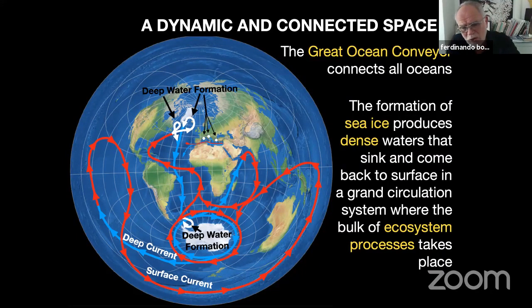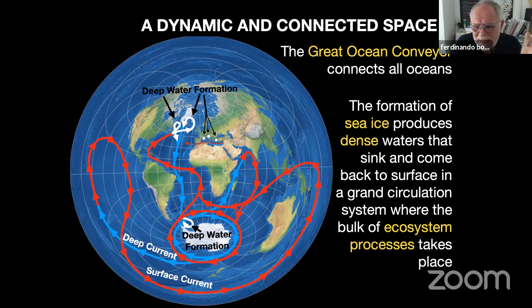Then the water goes into the Indian Ocean, it surfaces, and then there is a surface current that goes around all the oceans. And from the circumantarctic current, you have also a deep current that goes into the Pacific Ocean. So this connects all the waters of the world ocean.